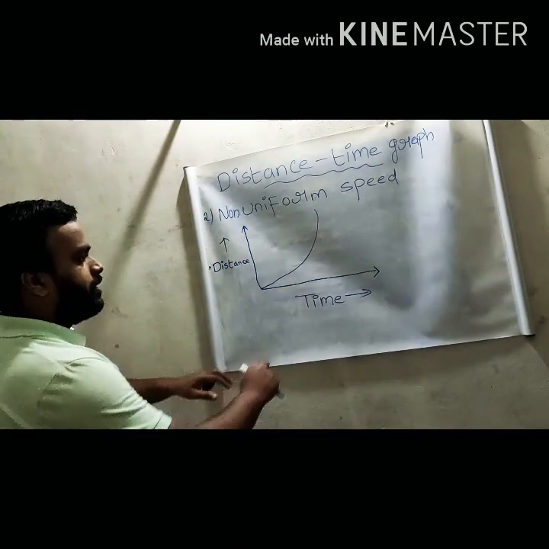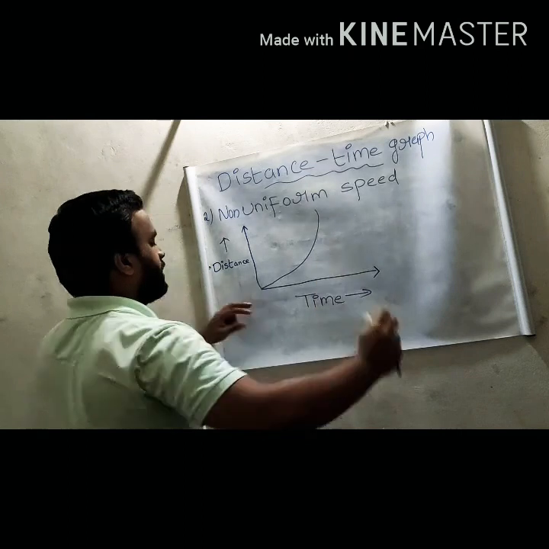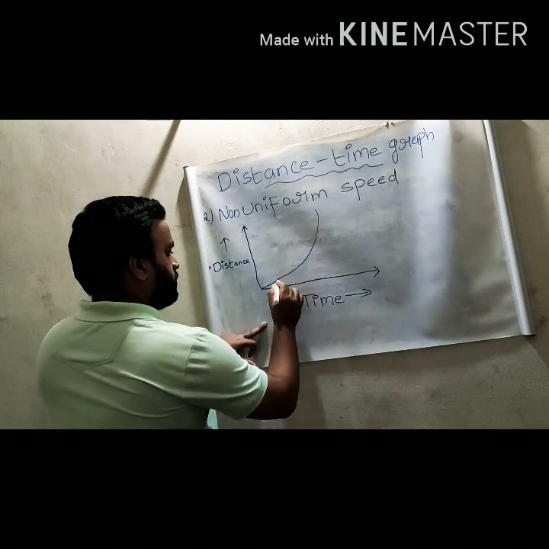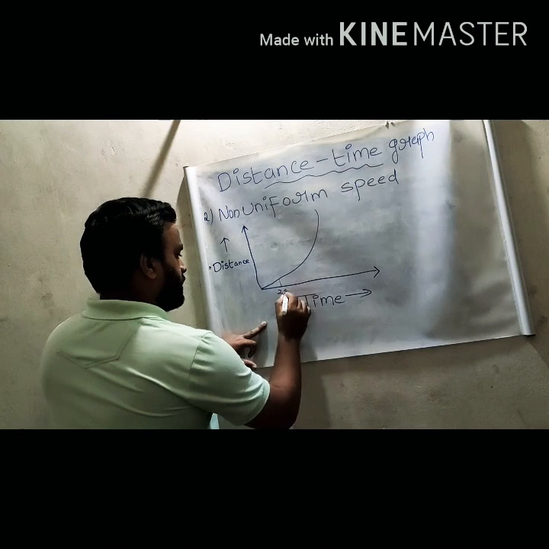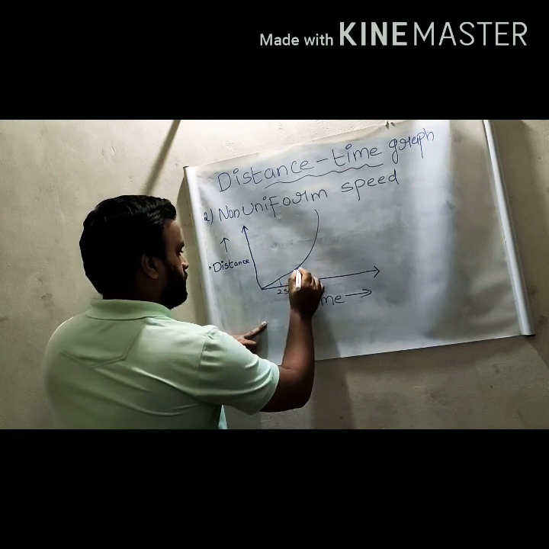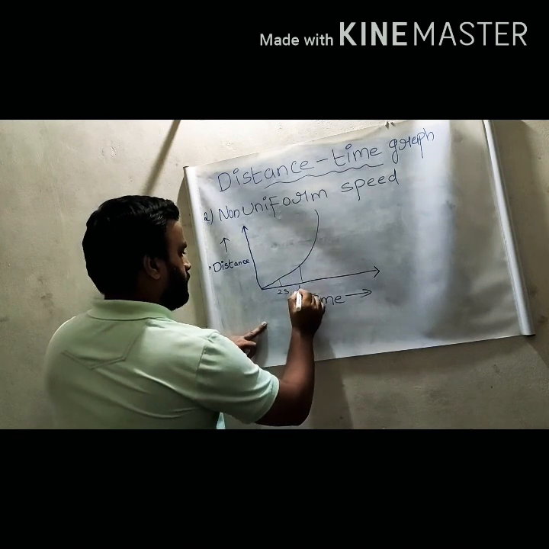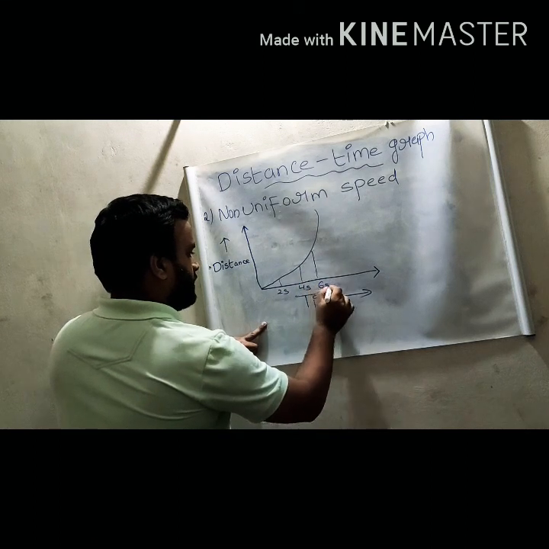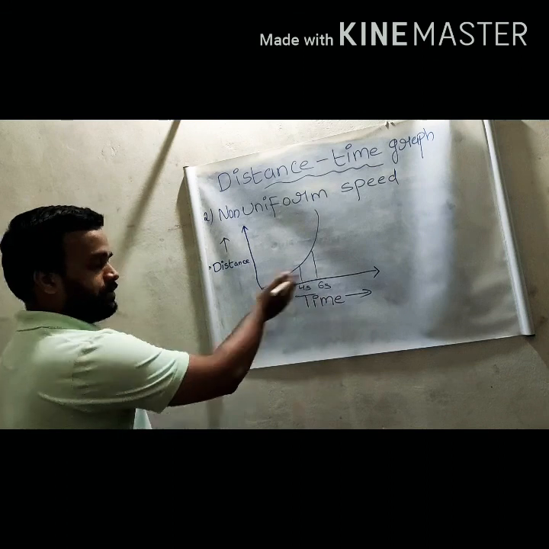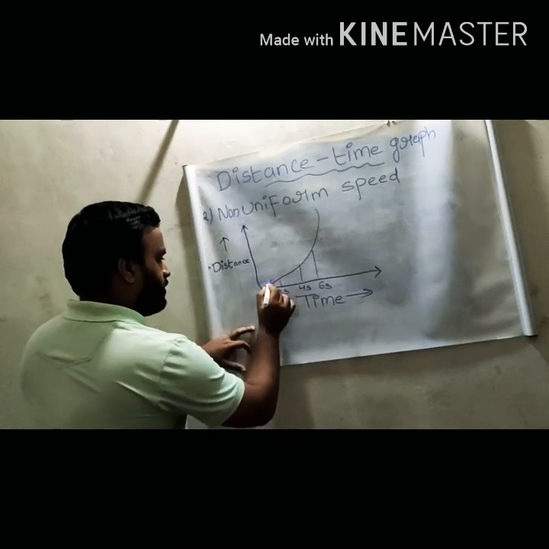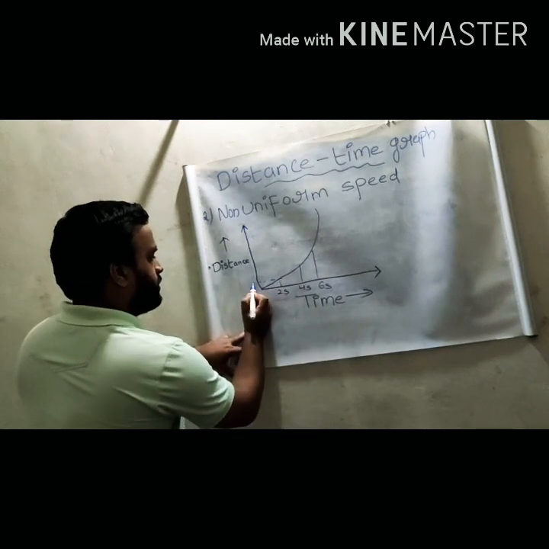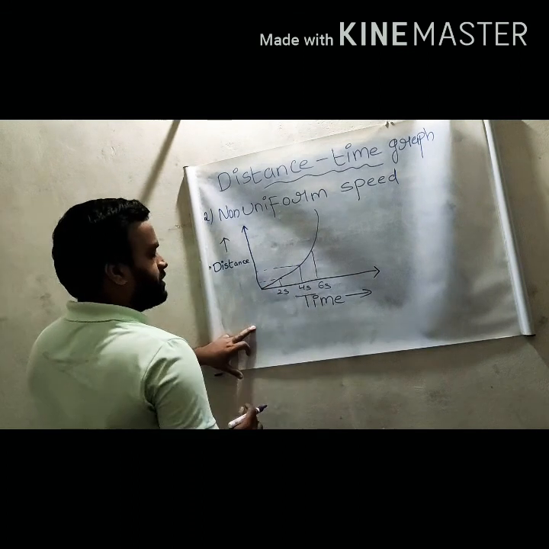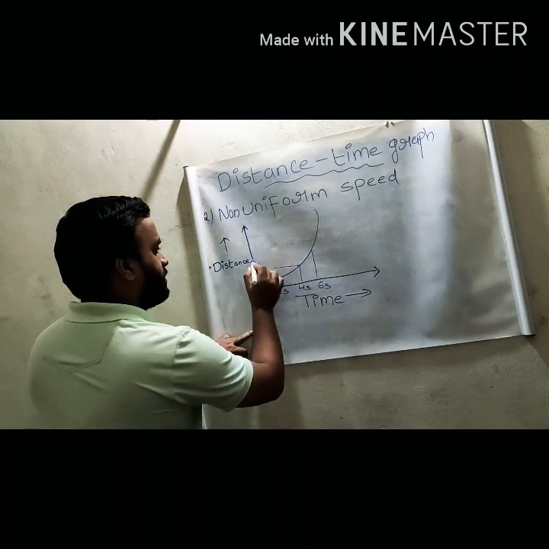Here we can see, if we take time as 2 seconds, 4 seconds, 6 seconds, we can see the distance traveled in 2 seconds, in 4 seconds, and in 6 seconds.